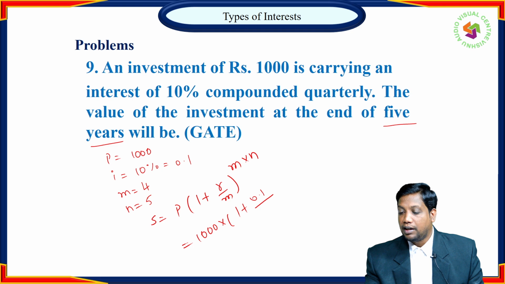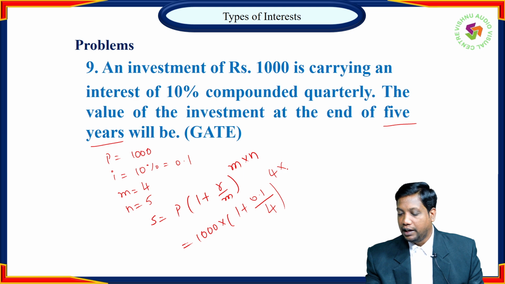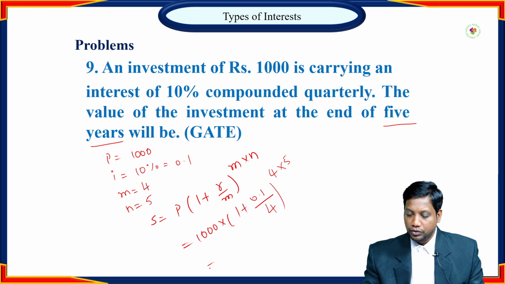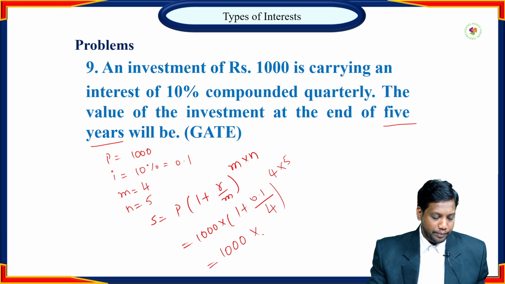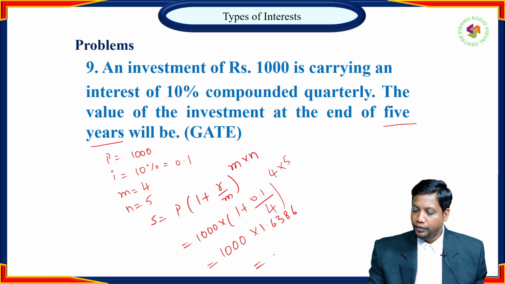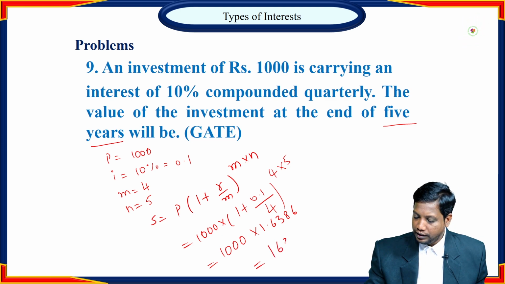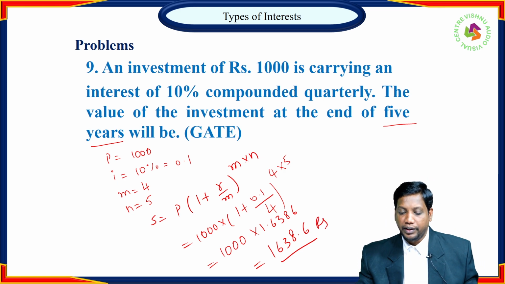It is stated as compounded quarterly, so m equals 4, multiplied by n for 5 years. So 1000 multiplied by 1.6386. So we will get 1638.6 rupees available at the end of the 5 years.